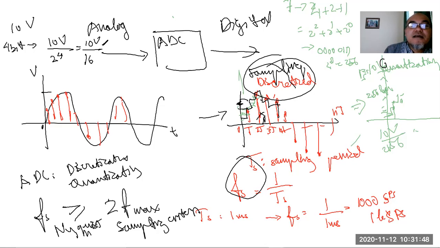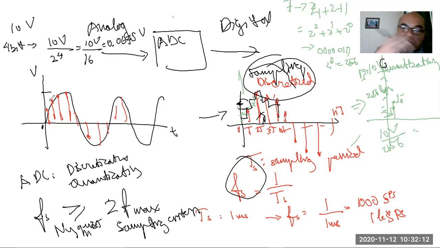How many is this? About 0.625 fold, right? So each level in that 4-bit is only that much. If you have a value of, let's say, 0.02 fold, it will be gone. It will be rounded to 0.